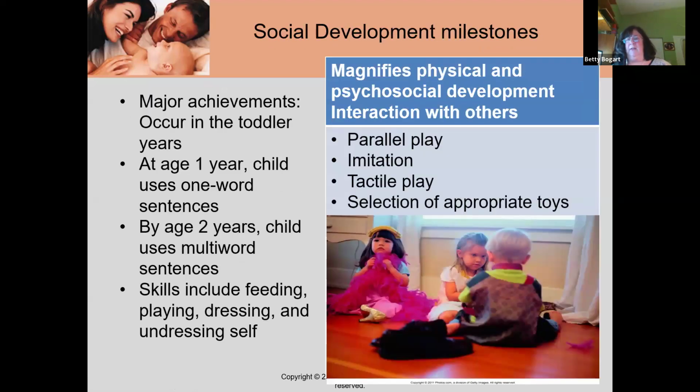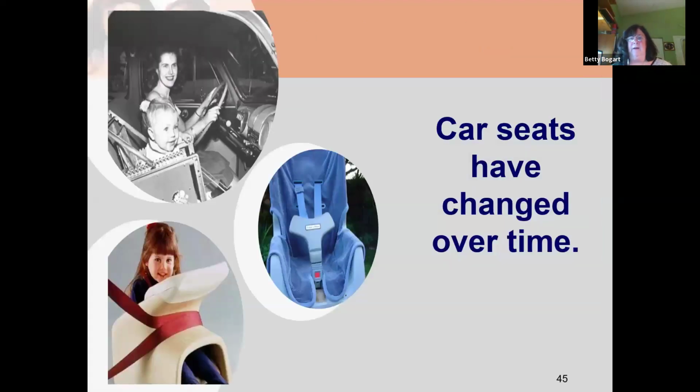So social development, initially, they are one-word sentences, mommy, daddy. Then it goes to more words all together. And then they're starting to play by themselves, getting their own toys because they can crawl and walk over there now, right? And they'll try to feed or play with themselves, etc.